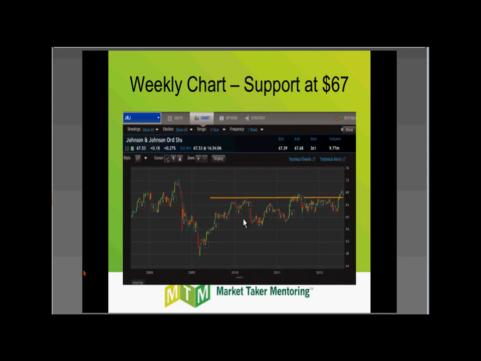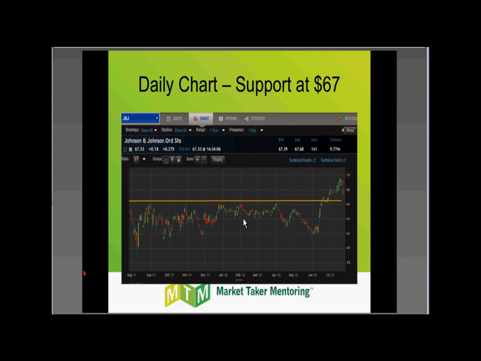Just a few days ago, the stock broke up above 67, and resistance becomes support. That's the weekly chart. The daily chart, lo and behold, take a little look at this. $67 a share is also a significant price level in J&J on the daily chart.